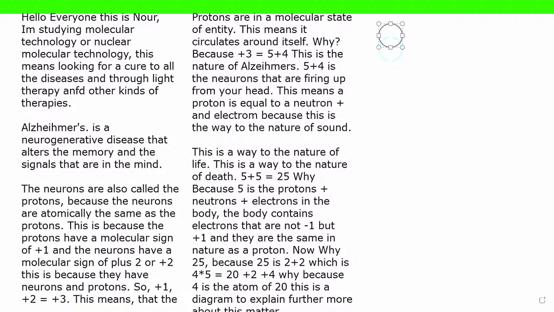So let's start doing it like so. This is a proton. This is an electron. And this is a neutron.